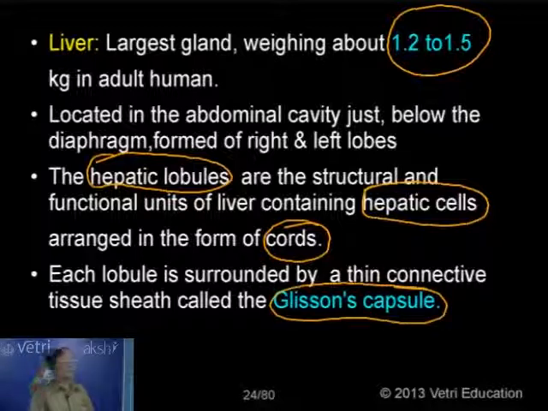It is a thin connective tissue sheath enveloping each lobule of the liver. So where are Glisson's capsules in our body? They are in the liver, enclosing the hepatic lobules. Don't forget this one, a very important question.